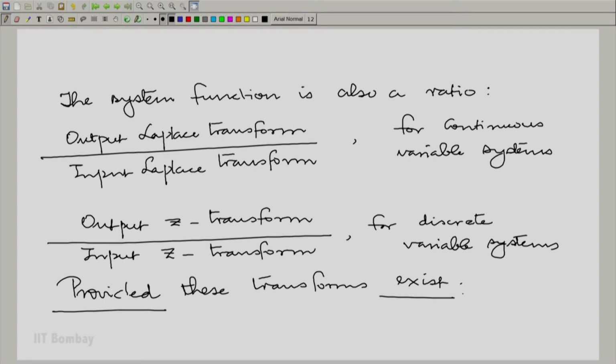So, that is important. You can talk about a linear shift invariant system which has a system function, but if the input does not have a Laplace transform and or the output does not have a Laplace transform, then using this definition is not meaningful. So, in that sense, looking at the system directly is more fundamental, and in case the input does not have a Laplace transform, but you have a system function in the system, then you would have to invert the system function.